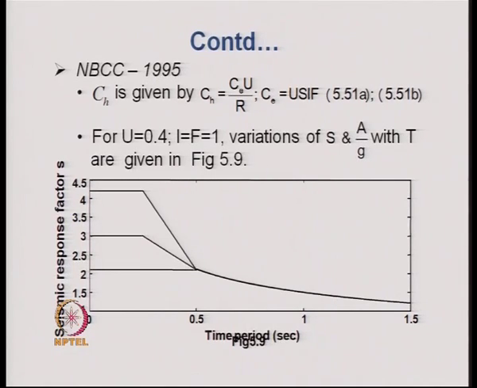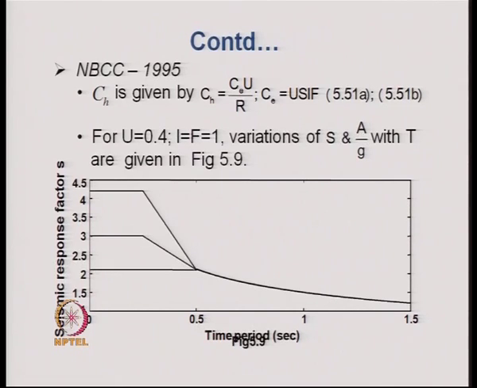The first branch is the acceleration prone region, that is Z A greater than Z V. The middle one is where acceleration proneness and velocity proneness are the same, that is Z A is equal to Z V, and the third line corresponds to Z A less than Z V.